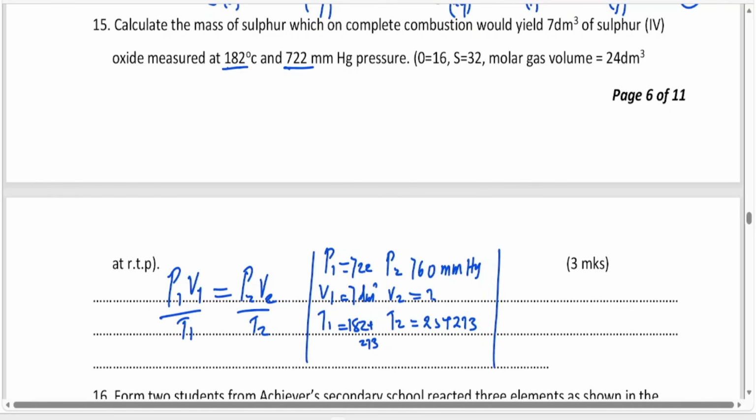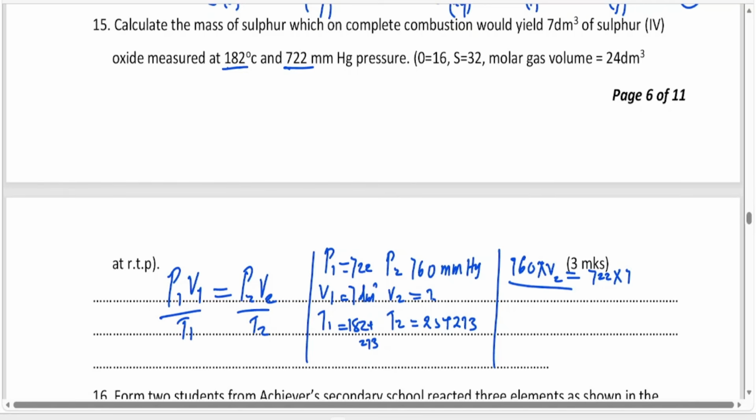So when I try to work this out, I will take 760 multiplied by V2, that we do not have, equals 722 multiplied by V1 that we have, 7.